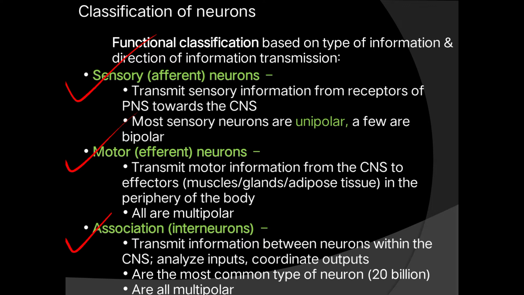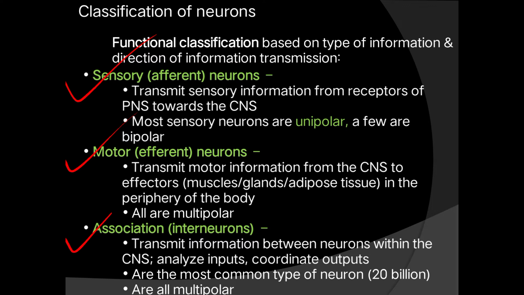So most sensory neurons are unipolar, and a few are bipolar. Next, motor or efferent neuron. These transmit information from the central nervous system to the effectors, meaning muscle, gland, and adipose tissue. So motor information from the central nervous system, meaning brain, is transmitted to the effectors.